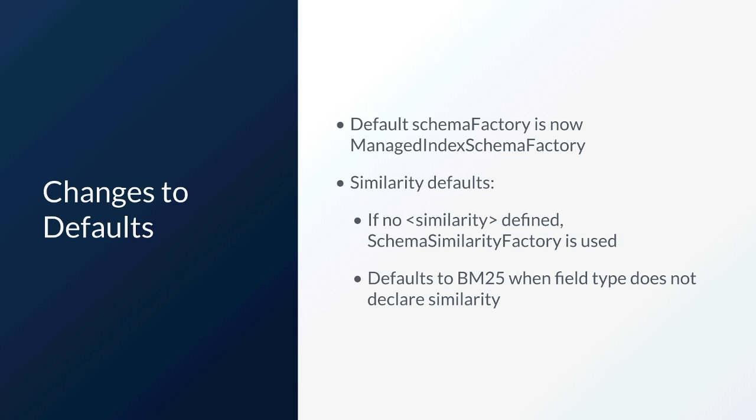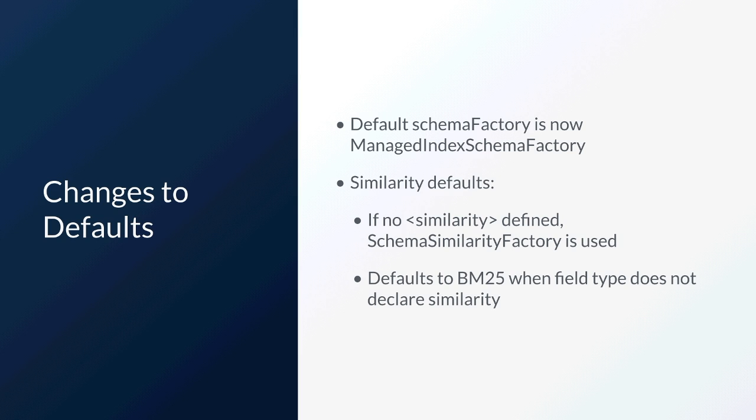Okay, so then there's changes to similarity, as I mentioned. If you do not have similarity defined, the schema similarity factory will be used, and that will default to BM25. So whenever the field type doesn't declare the similarity, and there isn't any other default, BM25 will be the default.